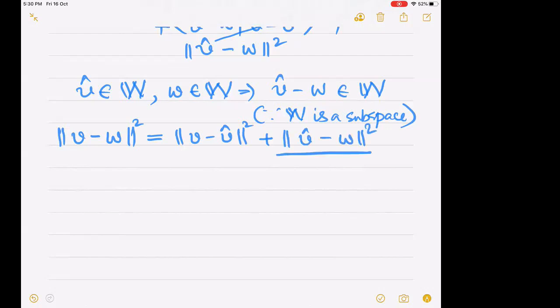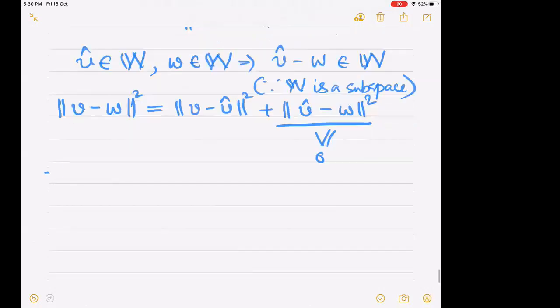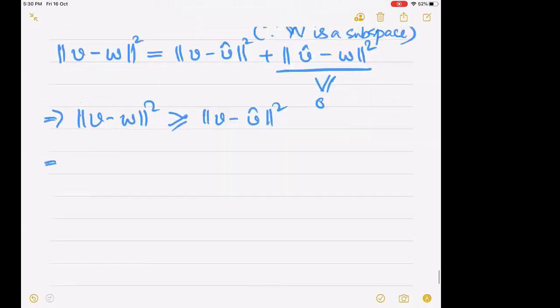So this quantity is bigger than or equal to 0, which obviously means ‖V − W‖² must be bigger than or equal to ‖V − V̂‖². Yeah, which is of course the same as saying ‖V − W‖ is bigger than or equal to ‖V − V̂‖, which then means V̂ is indeed a best approximation.